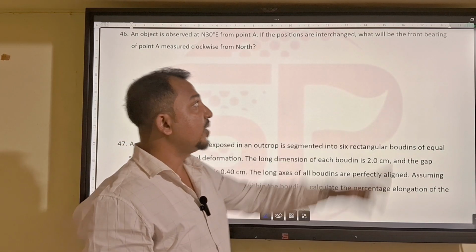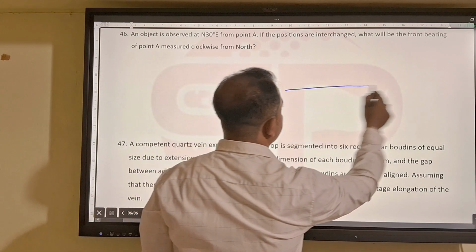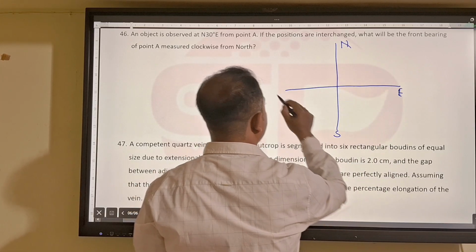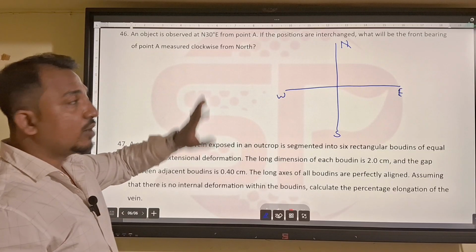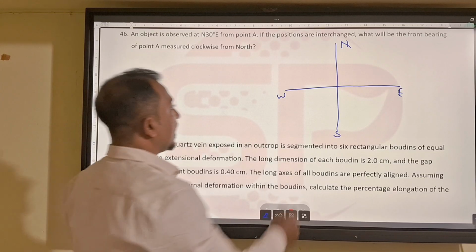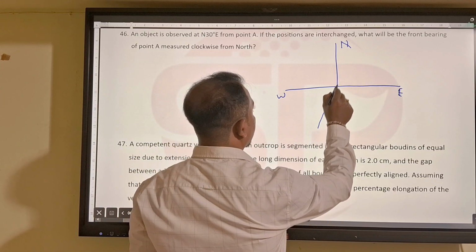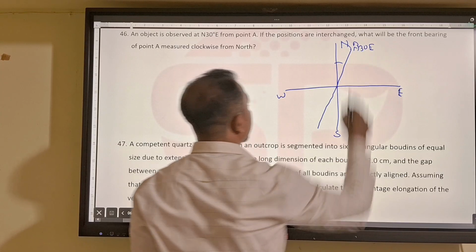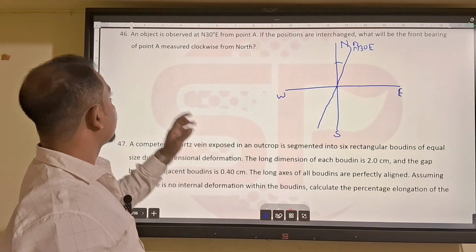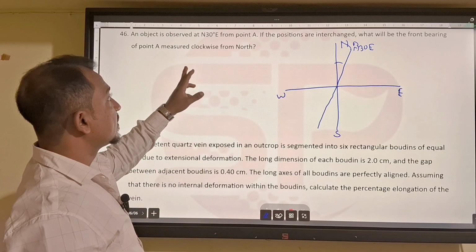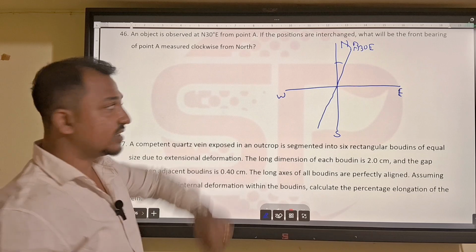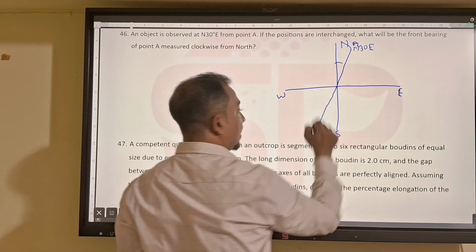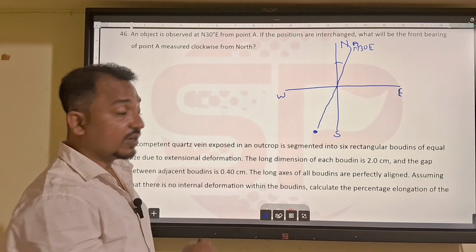Like this is your front bearing and back bearing problem. This is north, south, east, west. So an object is observed at north 30 degree east from point A. So suppose this is our north 30 degree east, and this is the point A. If the positions are interchanged, this place will come here. Exactly 180 degree, it will revert.